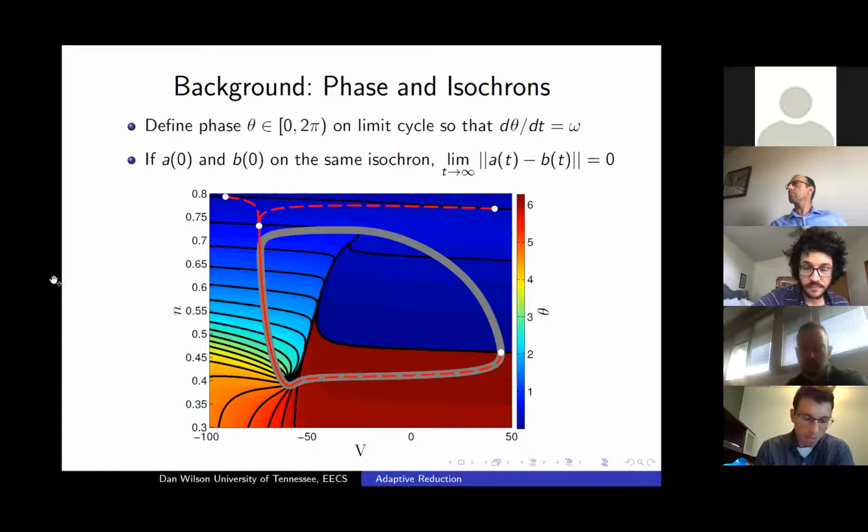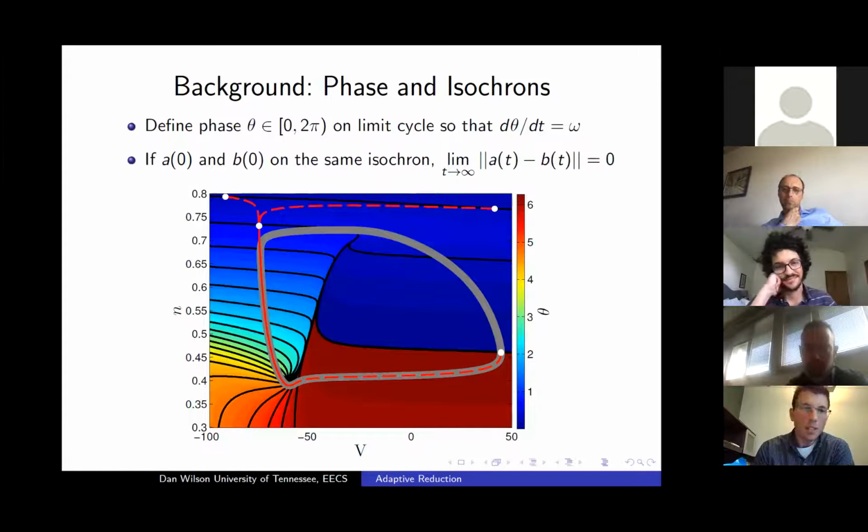So first, a little bit of background about model order reduction of oscillators. If you have an oscillatory dynamical system and you're interested in the timing of those oscillations, you can work in phase coordinates, which encode the timing of those oscillations.